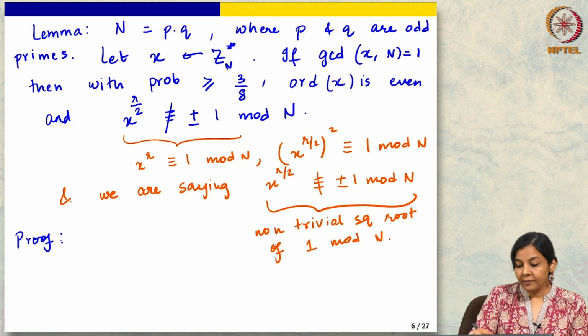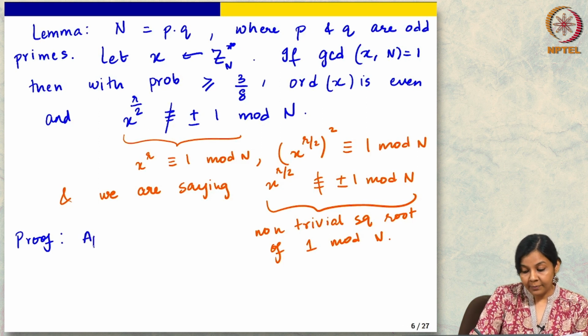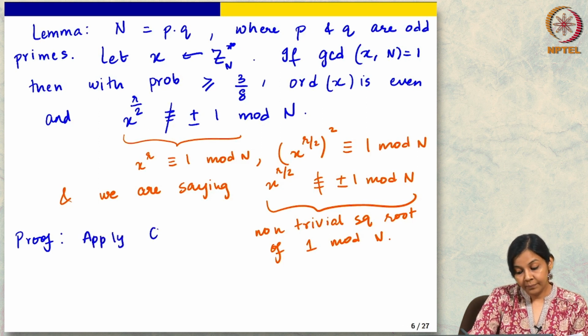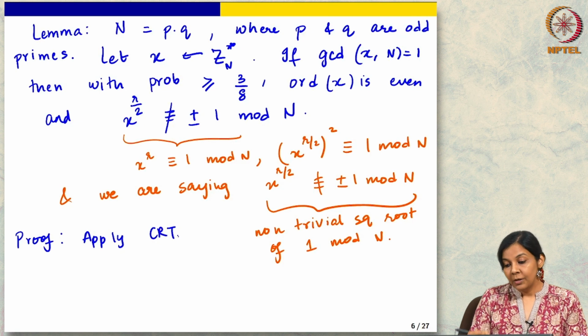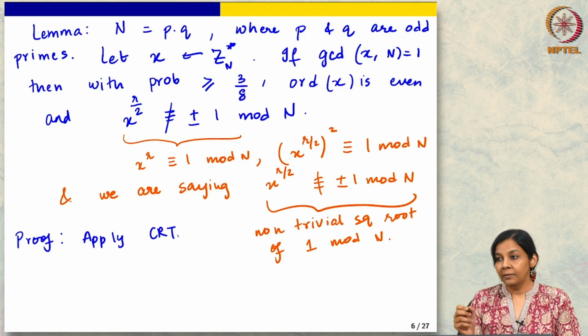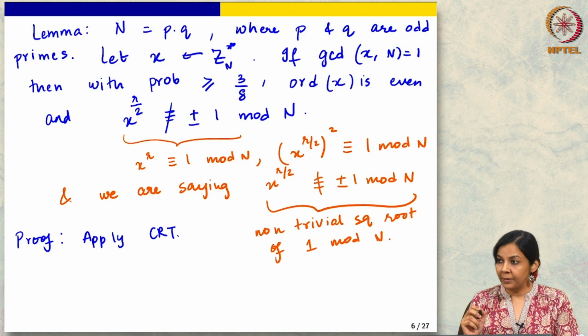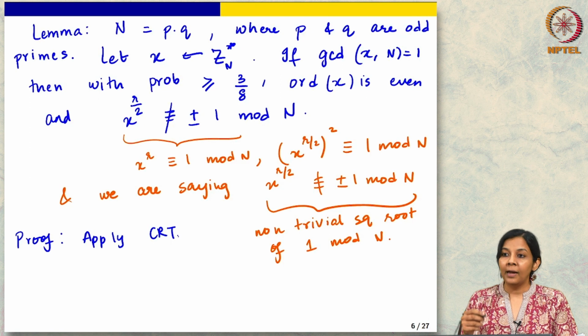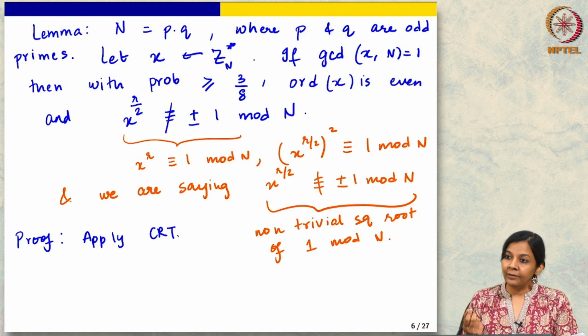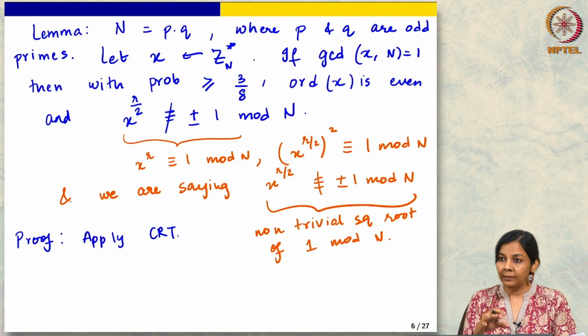First we apply the Chinese remainder theorem. What the Chinese remainder theorem says is that Zn star is isomorphic to Zp star cross Zq star. In turn this means that sampling an x randomly from Zn star is equivalent to sampling 2 elements randomly from Zp star and Zq star.